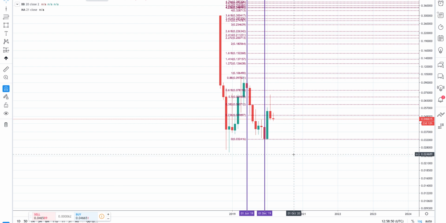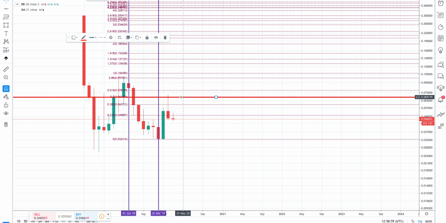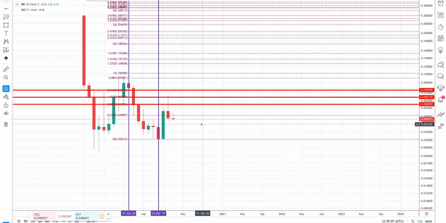So the important question, what next? And I know you guys are asking this. So simply place your horizontal line from the 0.5, also the 0.61, and then the 0.38. Okay, and you can see that the market capitulates from the 0.23.